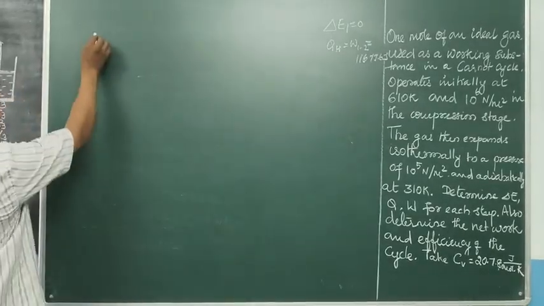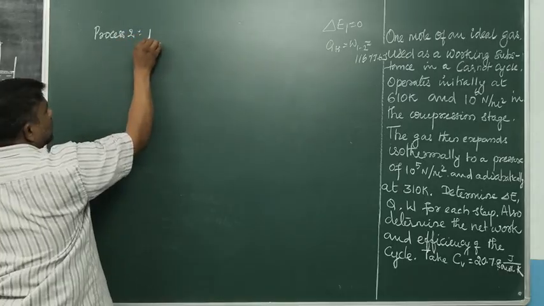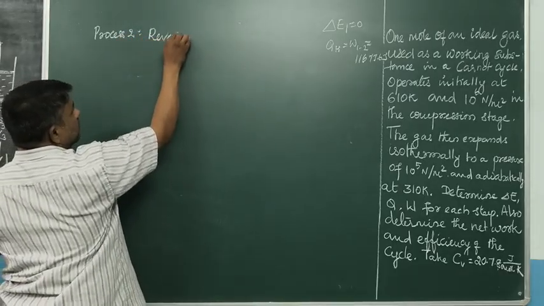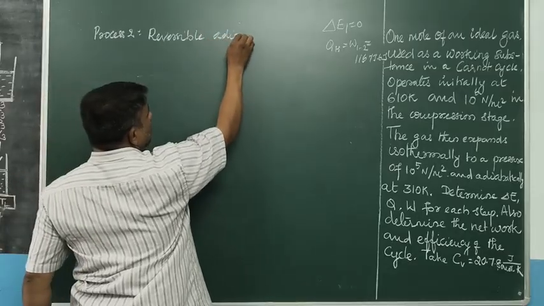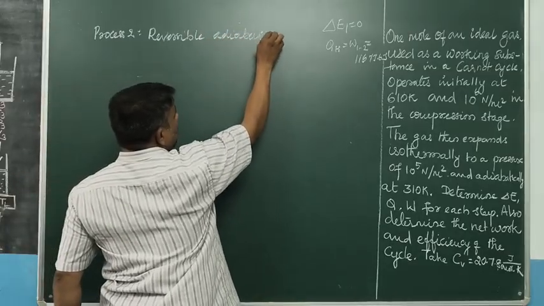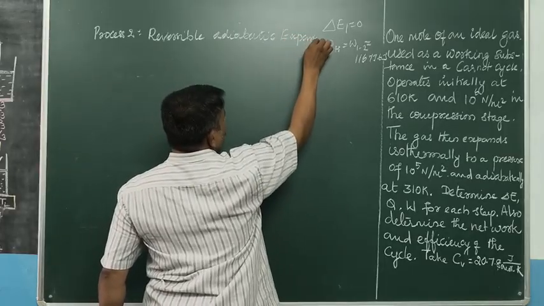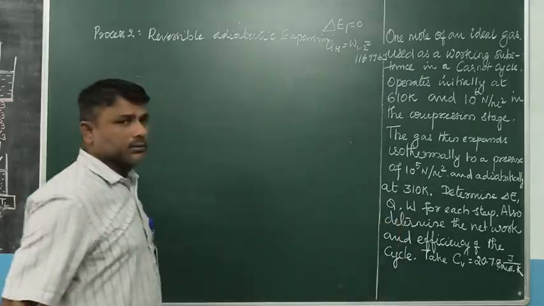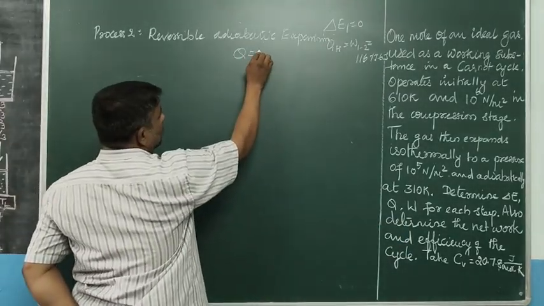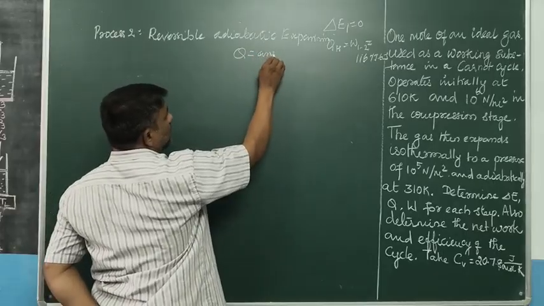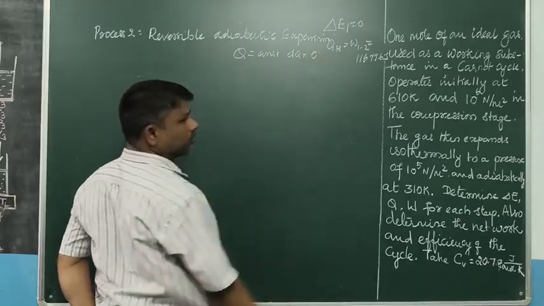Next, process 2. Process 2, that means reversible adiabatic expansion. Reversible adiabatic expansion process. Adiabatic means Q is equal to 0, Q is equal to constant and changes in heat content is equal to 0.